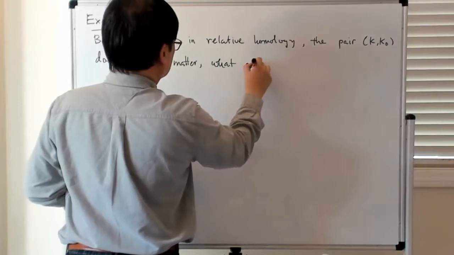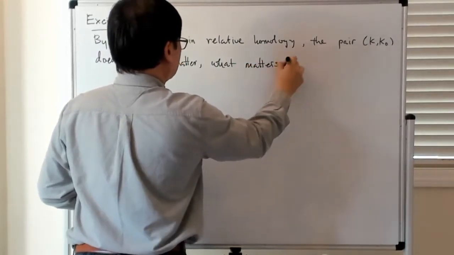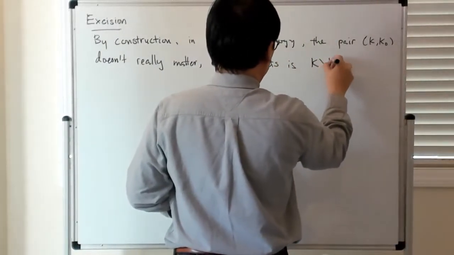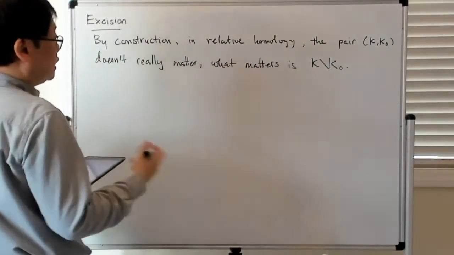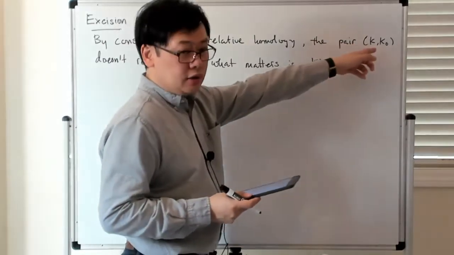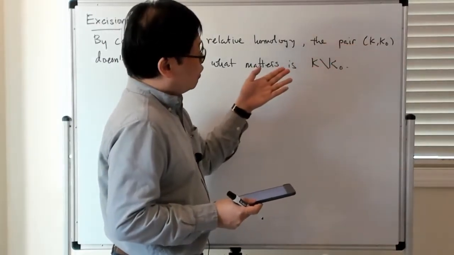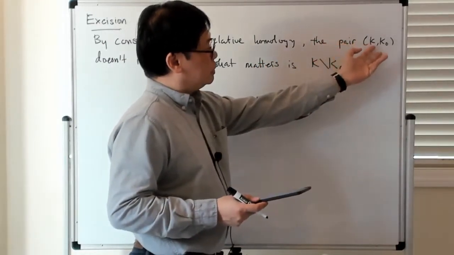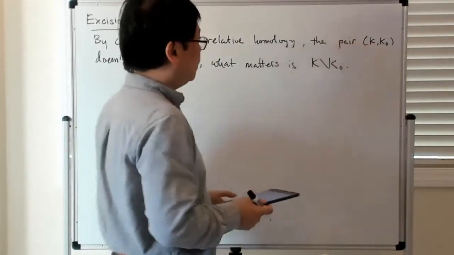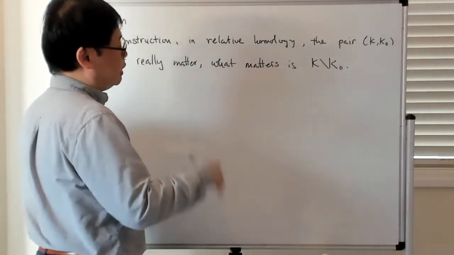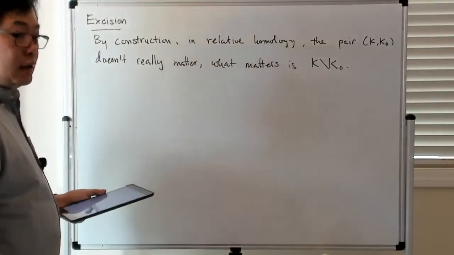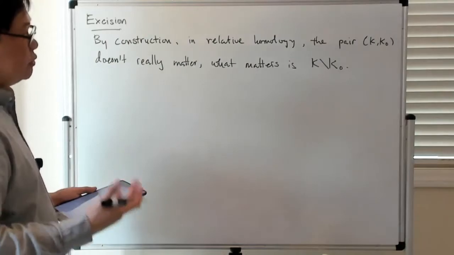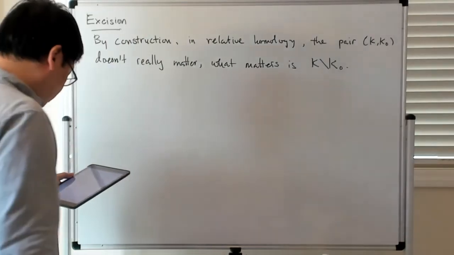What matters is K excluding K0. So the basic idea is that you could have a different pair, say L comma L0, which are contained in K comma K0. And you can do this so long as the difference between the set L and L0 is the same as the difference between the set K and K0.